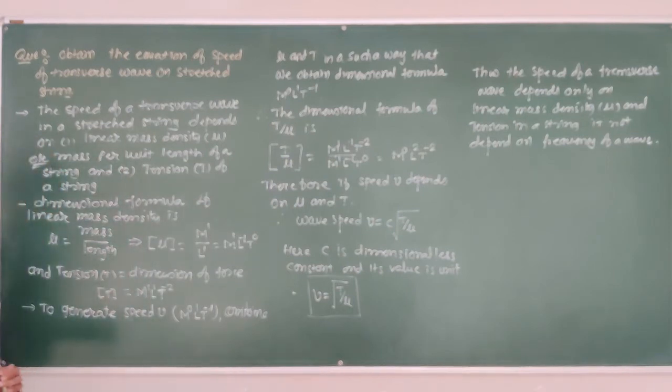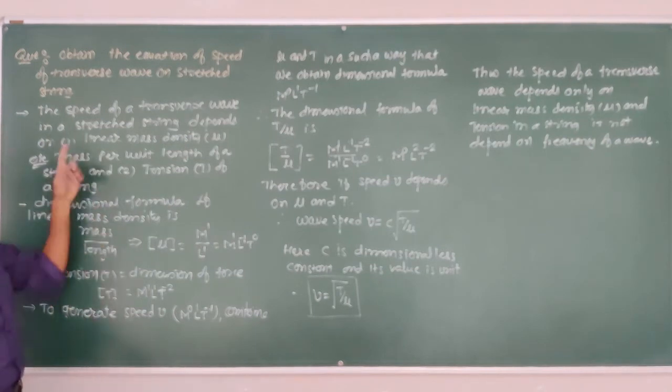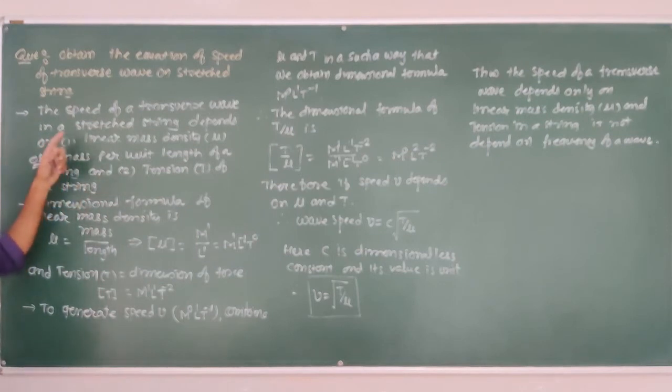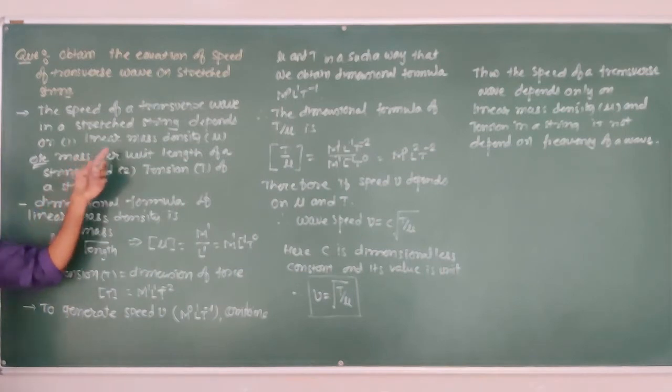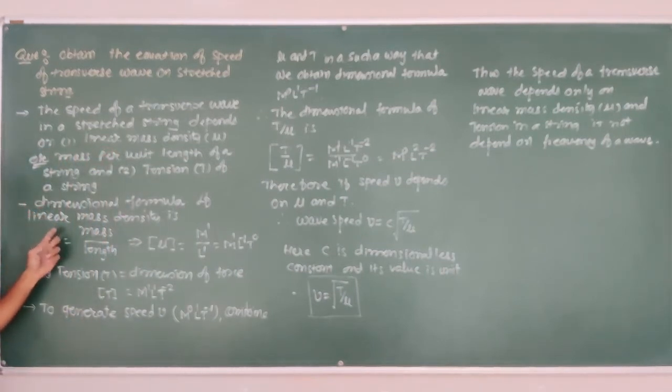Again, obtain the equation of the speed of a transverse wave in a stretched string. The speed of a transverse wave in a stretched string depends on, first, the linear mass density, or the mass per unit length of a string, and second, the tension T of a string. First we write the dimensional formula of both. The linear mass density is mass per length.